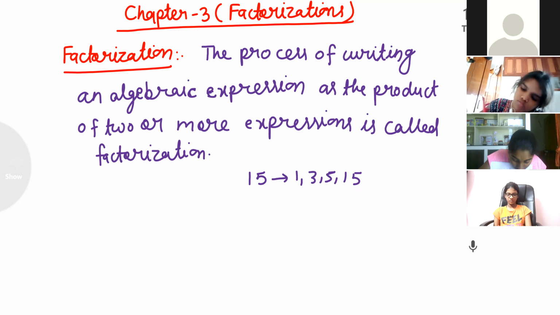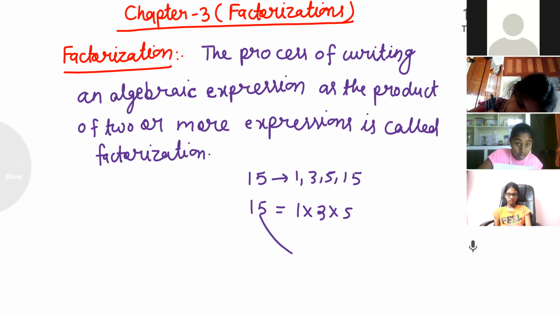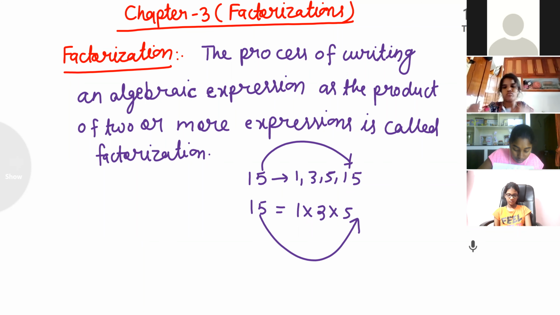If I am talking about prime factor, it means 1 into 3 into 5. Prime factor will never end with the original number, but factor ends with the original number.